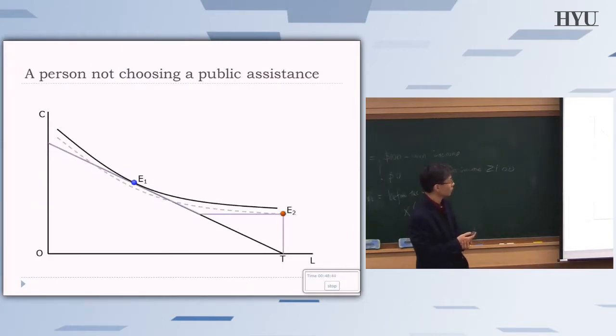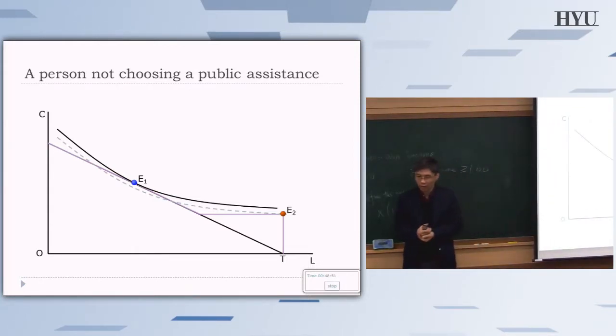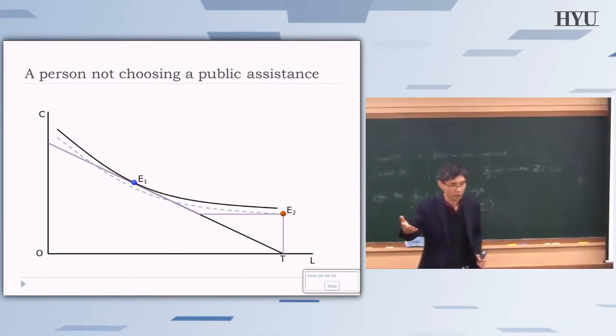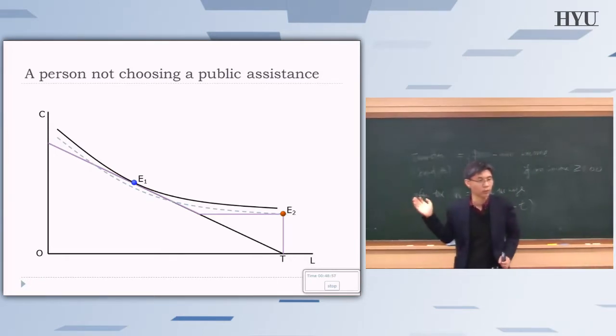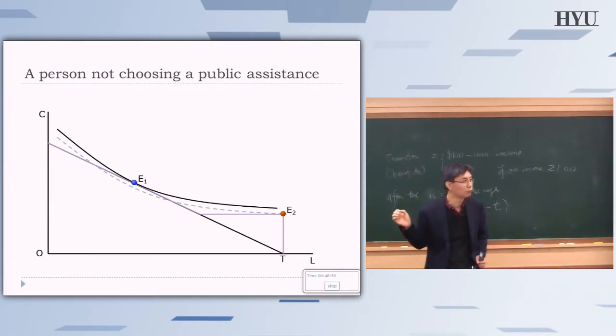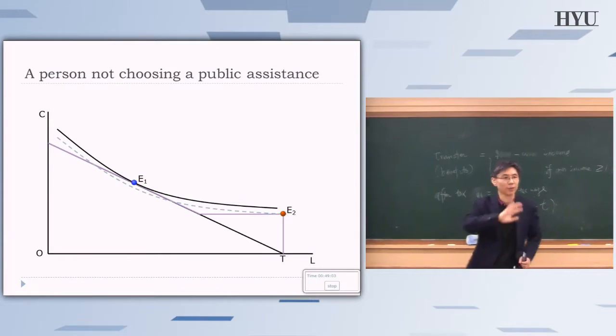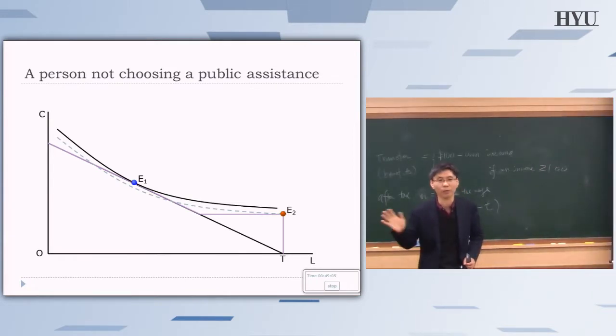Now, it seems to be a bad policy because what happens here is this. If you give out the money like this, then this group of people will not move away from this non-working position. So these people will be on welfare basically forever.